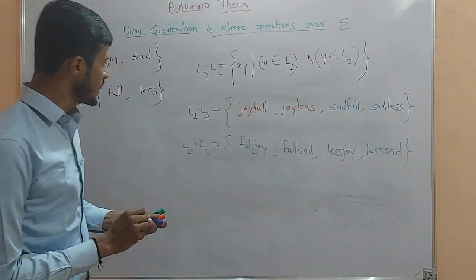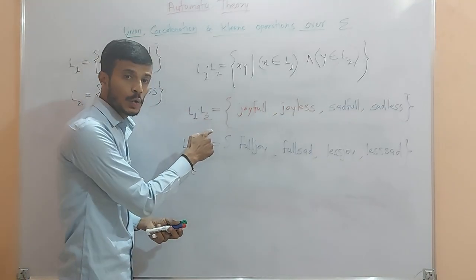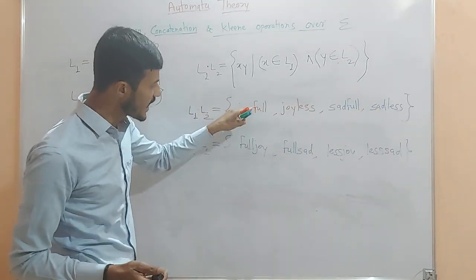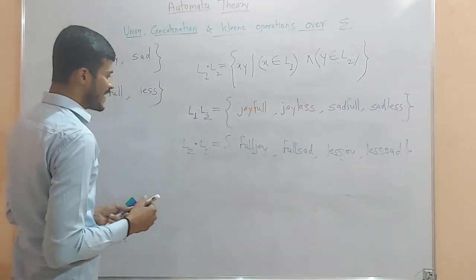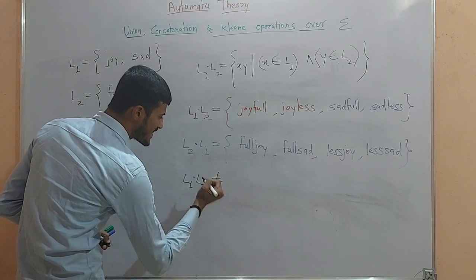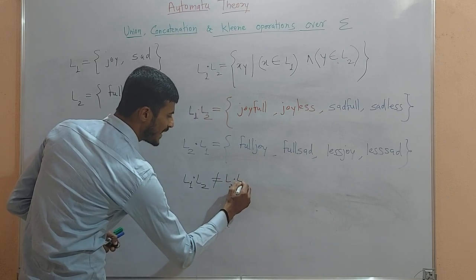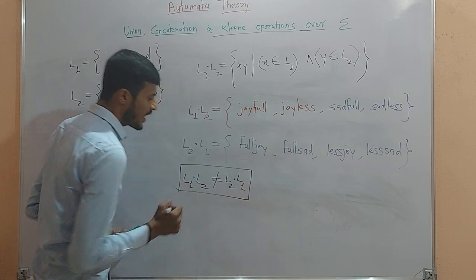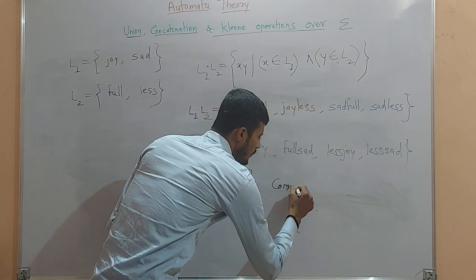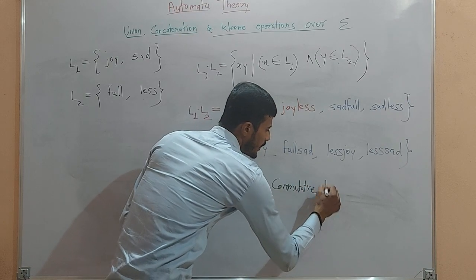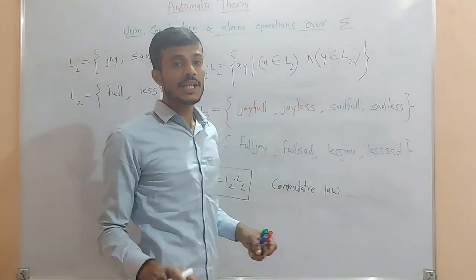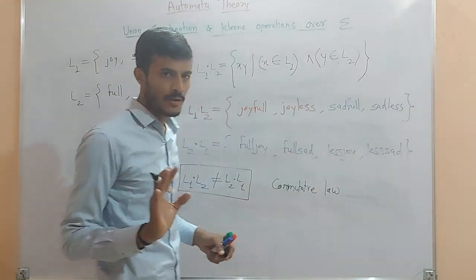So if you observe here, L1 concatenation L2 and L2 concatenation L1 give different results. Means you can write here L1 concatenate L2 is not the same as L2 concatenate L1. Means it does not follow the commutative law. Concatenation operation does not follow the commutative law.